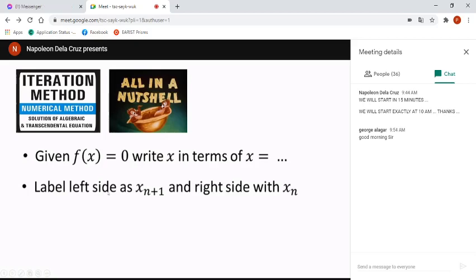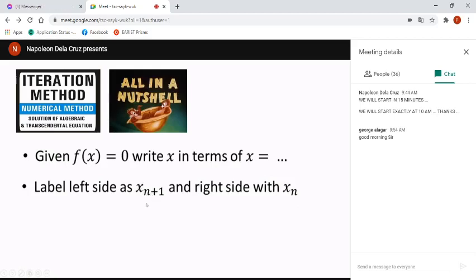Label this left side as xn plus 1, the right side as xn. Meaning to say that if the first trial is x1, this will be the second trial. Dahil 1 plus 1, second trial to. If this will be now 3, this will be 3 plus 1, so that will be 4.